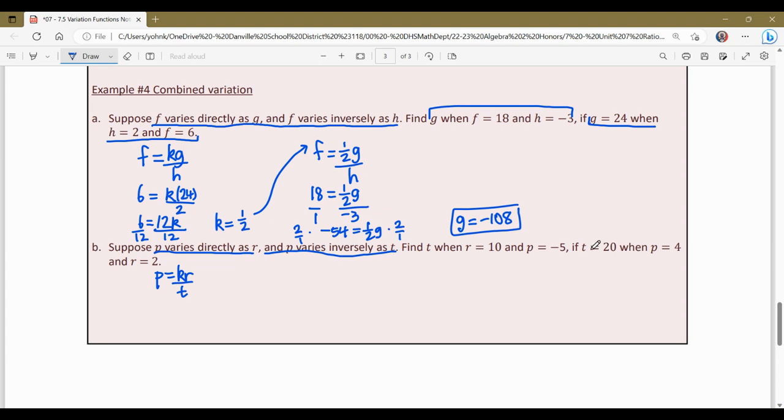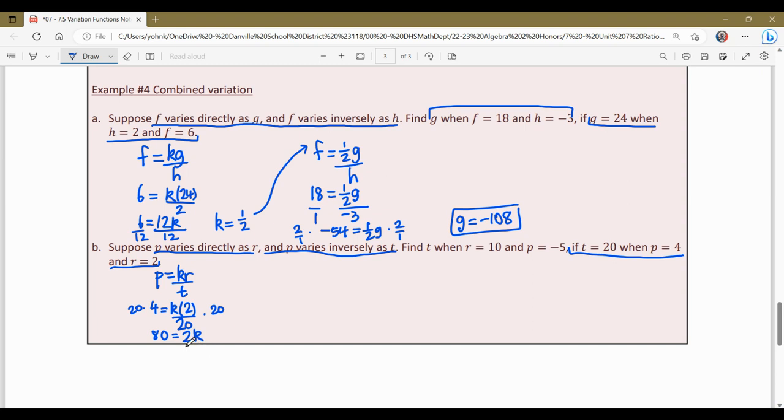Okay, so we're going to use the second half of the problem. It tells me that P is 4 equals K times my R is 2 over my T, which is 20. So I'll cross multiply here, or multiply by 20. So that gives me 80 equals 2K.